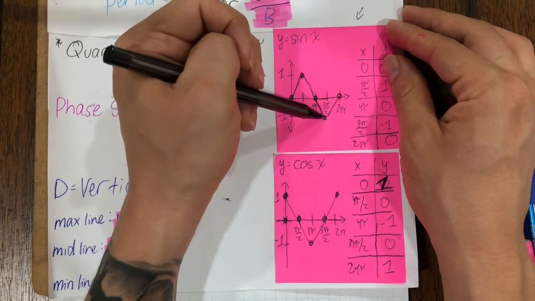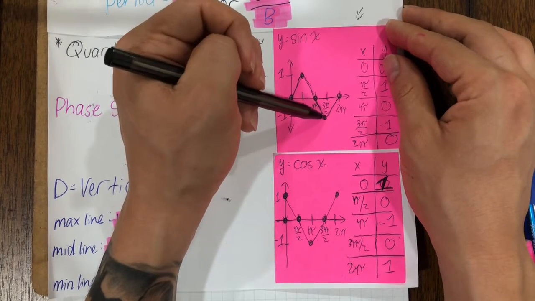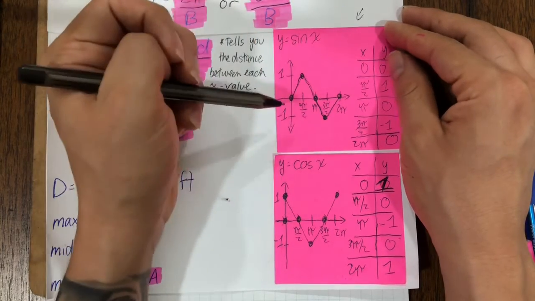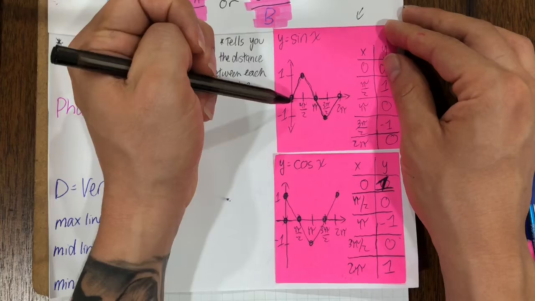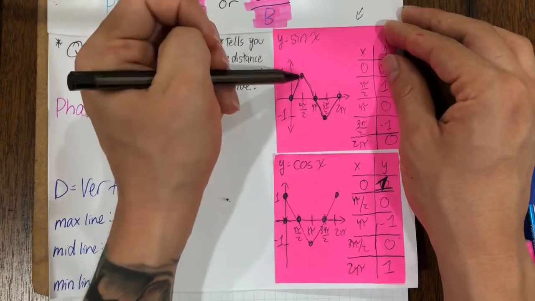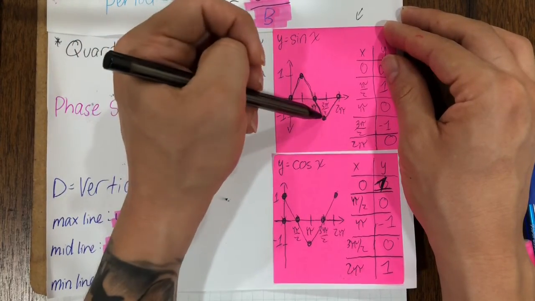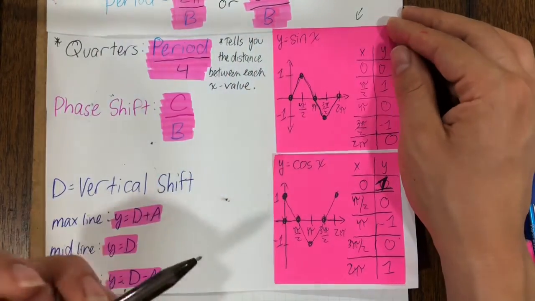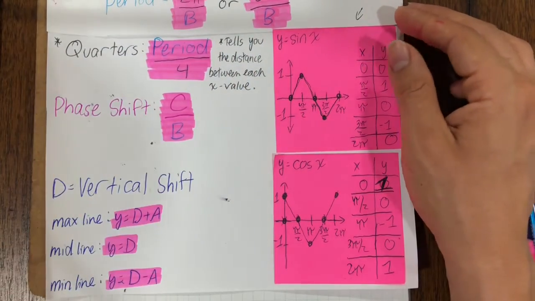We have 3 pi over 2, negative 1, which is a min. And we have 2 pi, 0, which is a mid. So the pattern for the graph of sine would be mid, max, mid, min, mid. We're going to use this pattern to help us graph without using the x and y table.